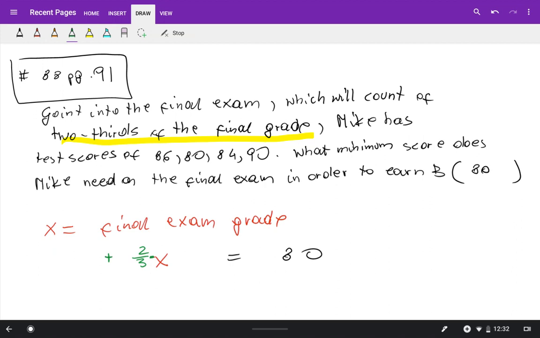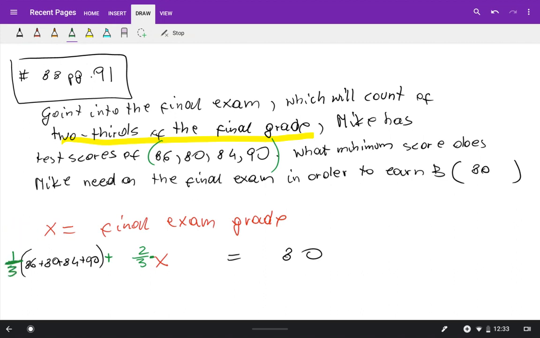Of course, we need to get the whole. The tests which he had so far, he had 4 tests: 86, 80, 84, 90. All those tests will represent 1/3 of his grade.